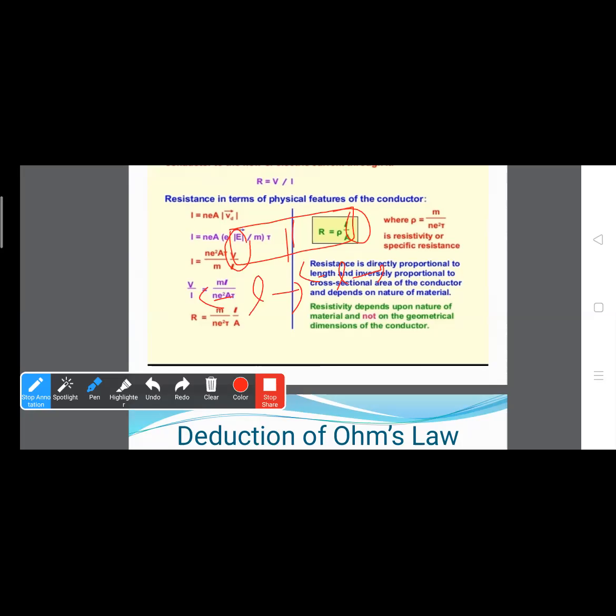So the resistance of each slab is given by R equal to V upon I. I think this is clear to you.